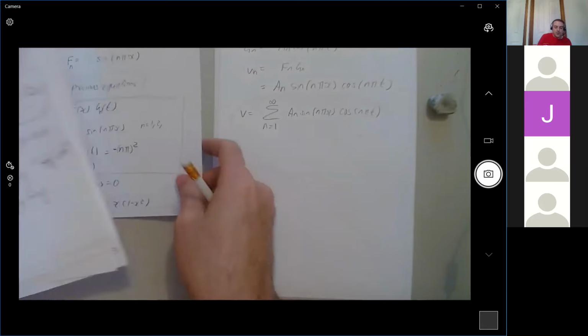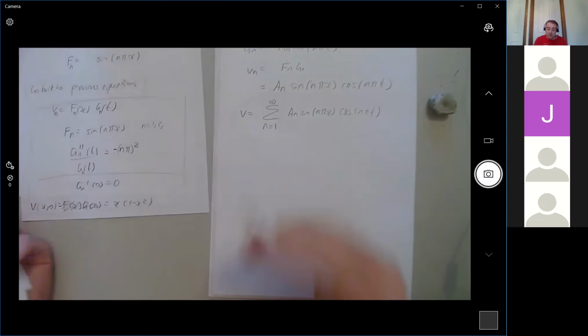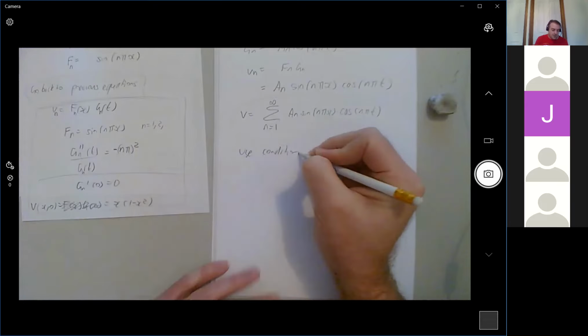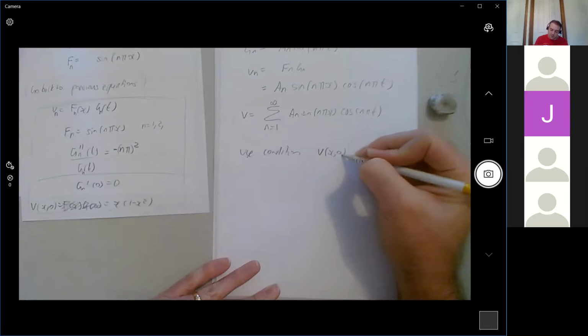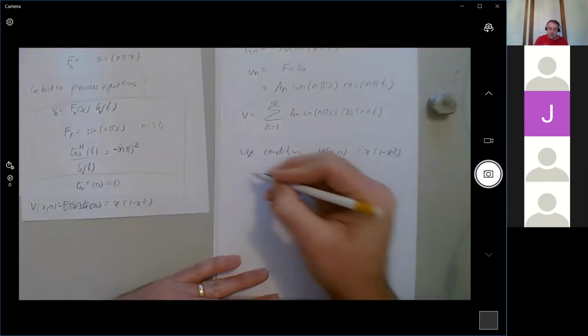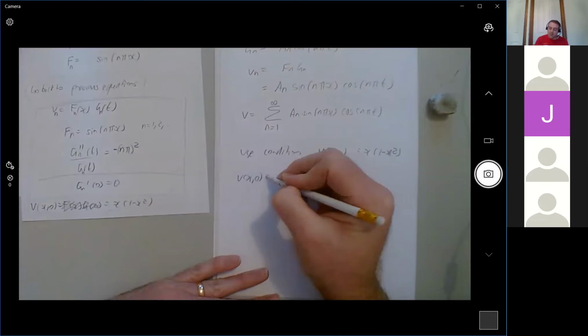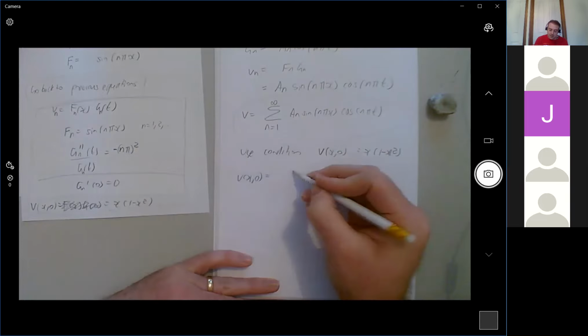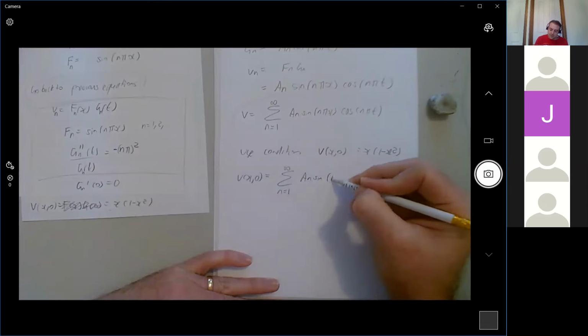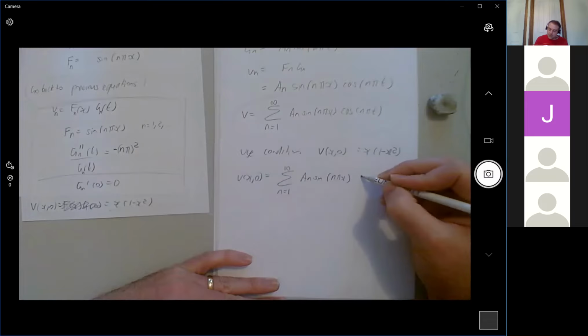The question is, what am I going to do now? I haven't actually used the condition yet. The condition is that V of x0 is supposed to be x times 1 minus x squared. So when I do V of x0, that means subbing in 0 for t, and I get the sum from n equals 1 to infinity of an sine of n pi x, and cos of 0 is 1.